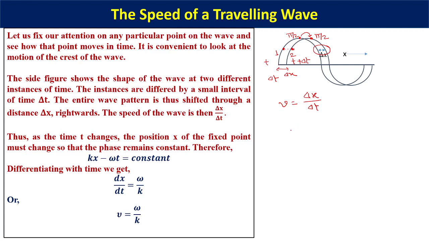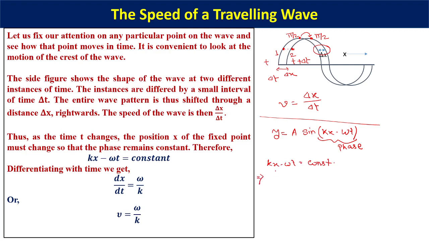So what we can say is that as the wave propagates, the phase of the wave doesn't change, it remains a constant quantity. Since the solution of a wave is given by, say, y is equal to a sine of kx minus omega t, this part is known as the phase, and this phase remains constant. So I can write simply kx minus omega t is equal to constant.